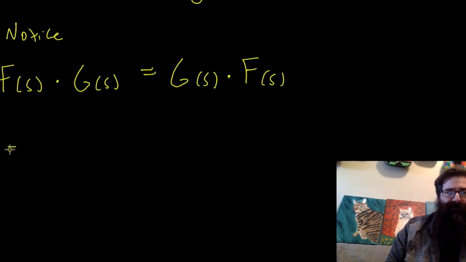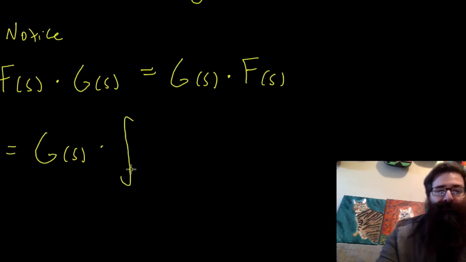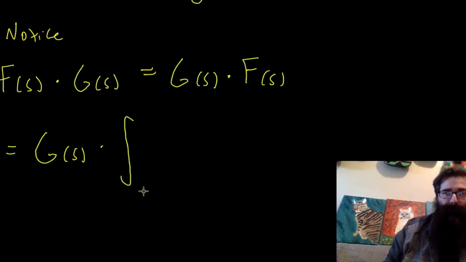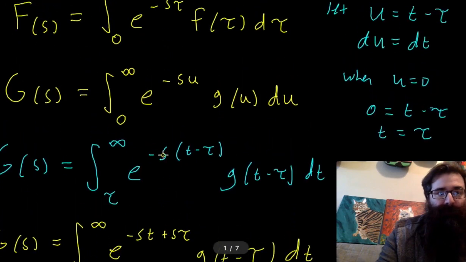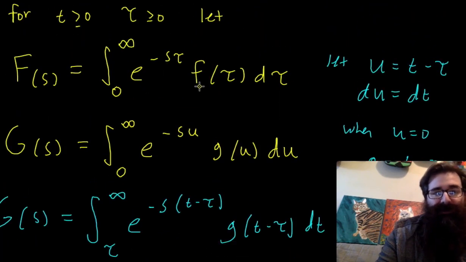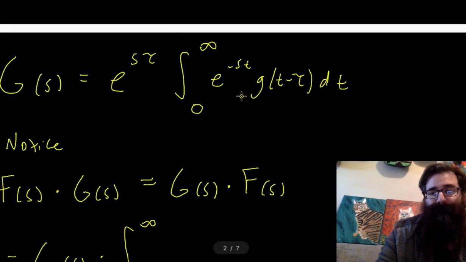So this is going to be equal to G of s times, what do we say capital F of s was? Well, it was the integral from 0 to infinity of, and we can go all the way back to the top where we first introduced this, e to the minus s tau, f of tau d tau.